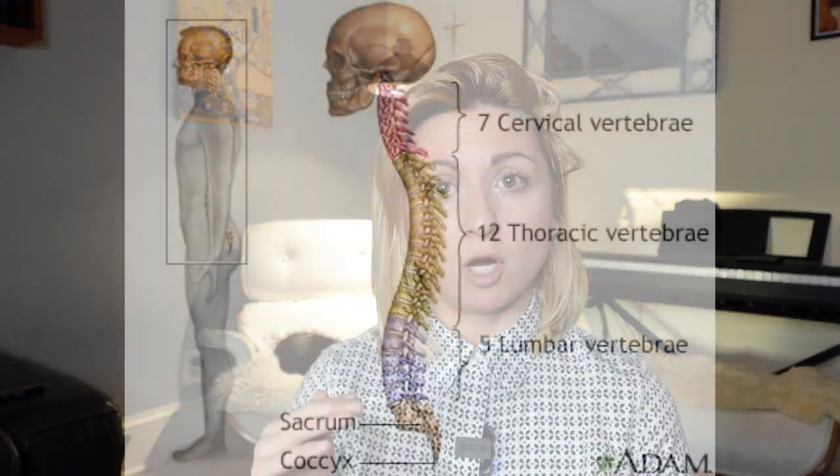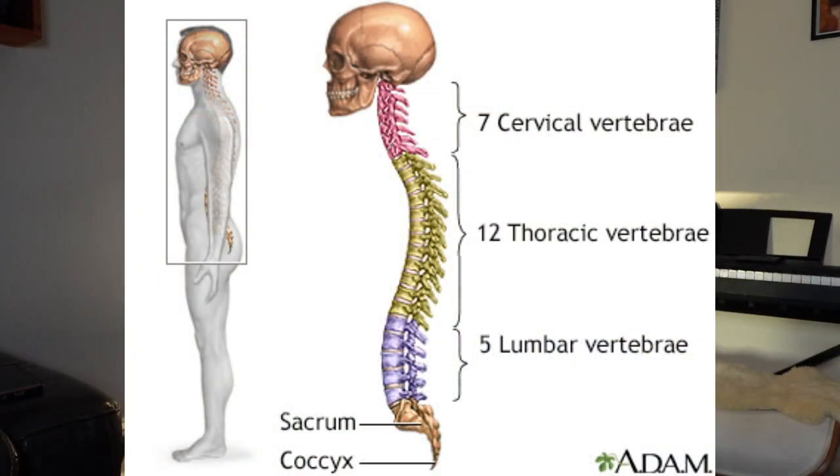So when we look at the vertebrae, you can notice the difference between the cervical, thoracic, and lumbar vertebrae and the spinous processes, how they stick out differently in each of these areas of the spinal segments.